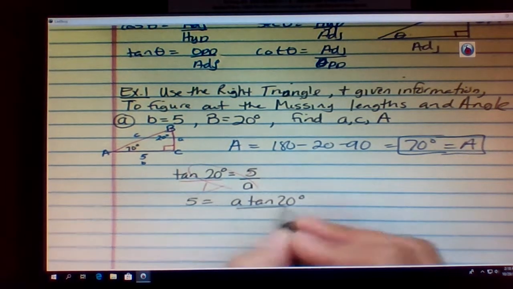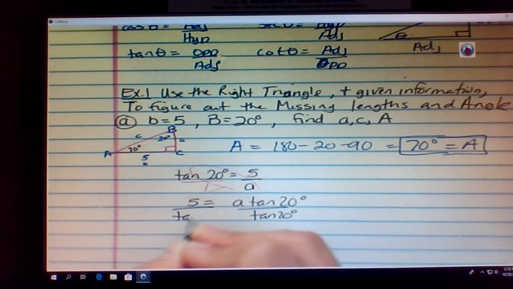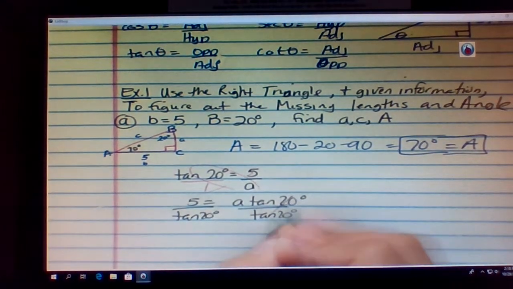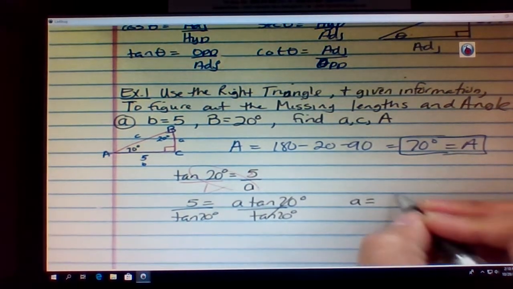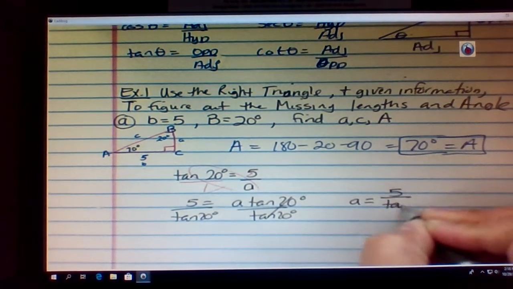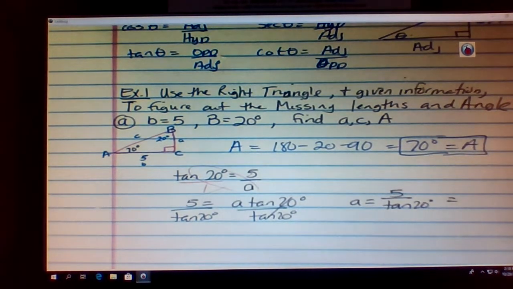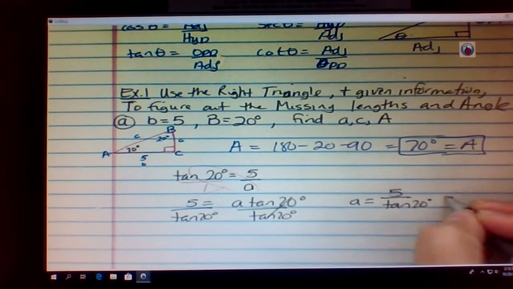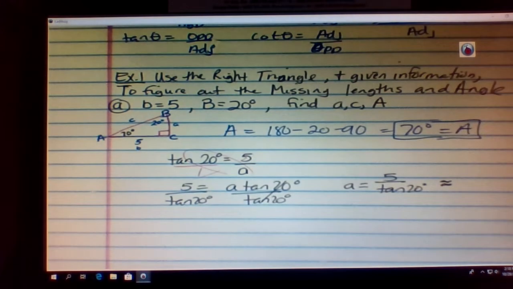I'm hoping you have a calculator, and I'm hoping you have it in degrees, because if you don't, the answer is going to be wrong. So a equals 5 over tangent of 20. Plug that into your calculator. For the sides, we're going to do 2 decimals, and for angles, we're always going to do 1. So what is 5 divided by tangent of 20?